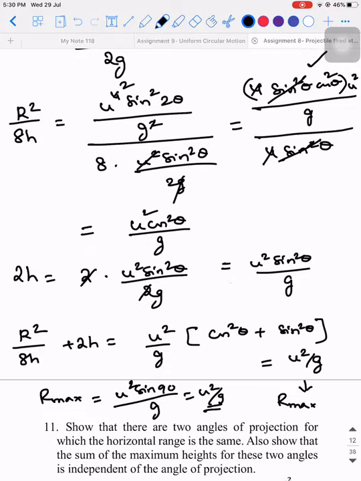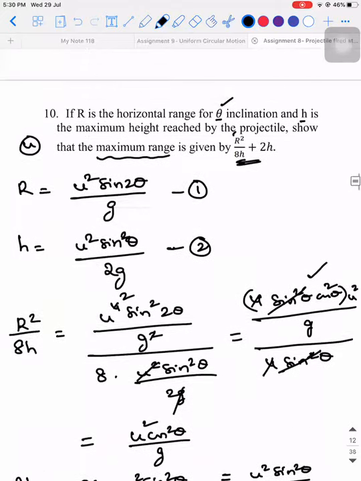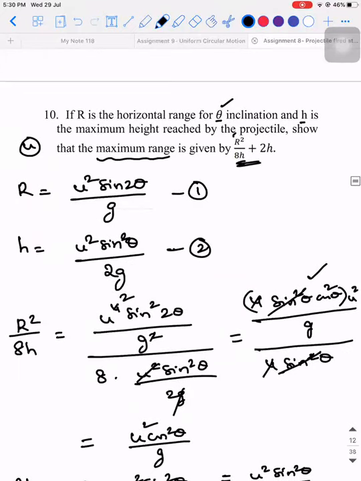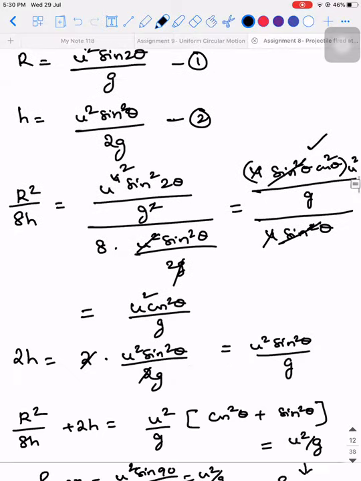Right? Clear? Who asked me this problem? Atul, sir. Right? Atul? Yes, sir. Are you clear with this? Yes, sir. Okay.